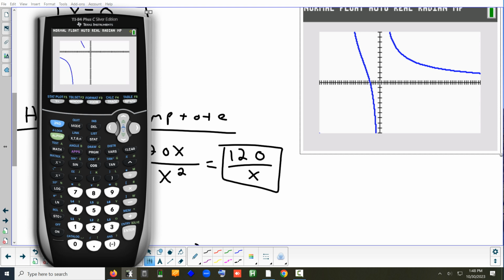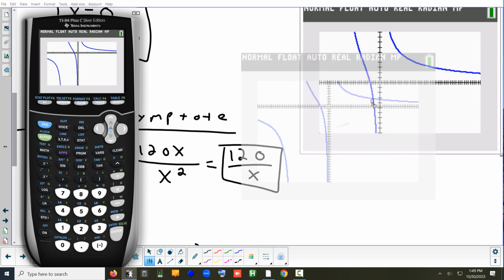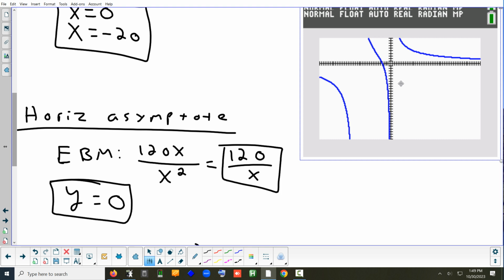Yeah, there was. So there's a complete graph. So we're lucky I saw that one pixel on the screen. I almost would have missed that if I hadn't zoomed low enough. But that's basically what the graph looks like.